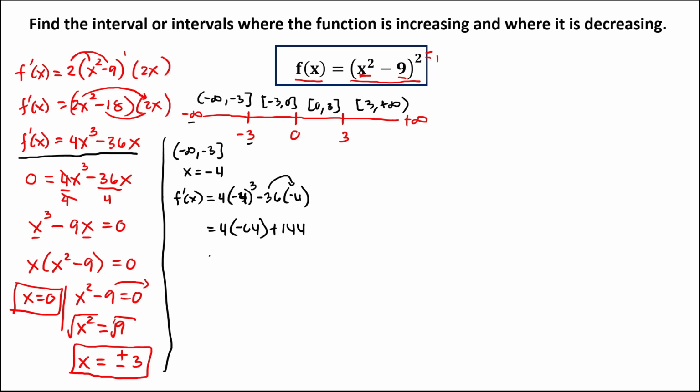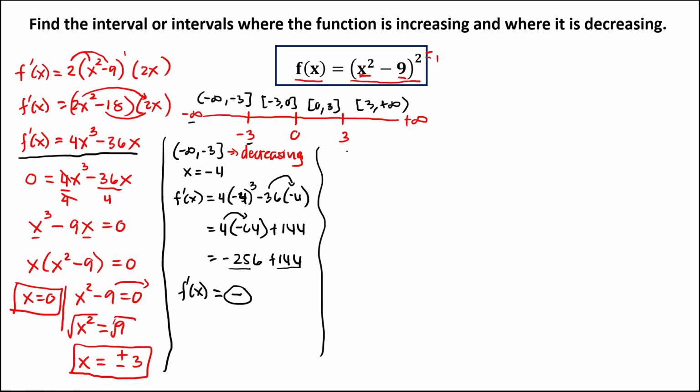To simplify, 4 times negative 64 is negative 256, then plus 144. So the first derivative is negative 256 plus positive 144, which is negative. Since it is negative, this interval is decreasing.